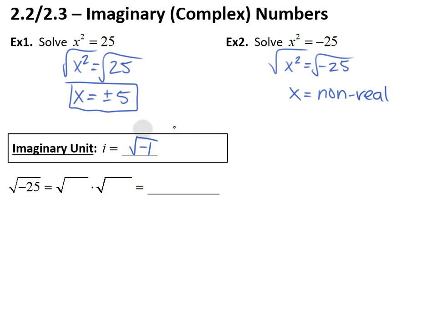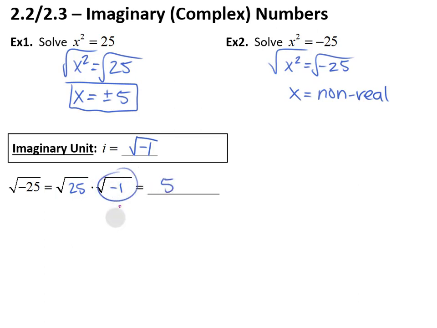In fact, we're going to figure out a way we can write the answer to this with our imaginary unit. So we can think of what we were trying to solve there, the square root of negative 25, as being equal to the square root of 25 times the square root of negative 1. And if we do that, simplifying, the square root of 25 would be 5.